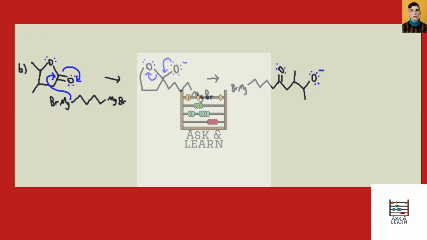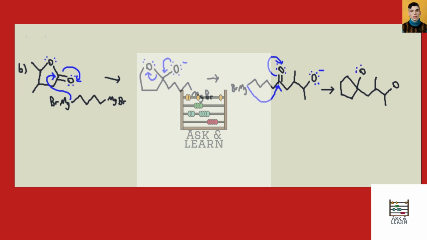Okay. And now the Grignard that we still have can attack our ketone. So just like this. When that happens, we're going to form a new 5-membered ring. So there's our new 5-membered ring. Here's going to be our alkoxide. And then here's the rest of the molecule with the other alkoxide.